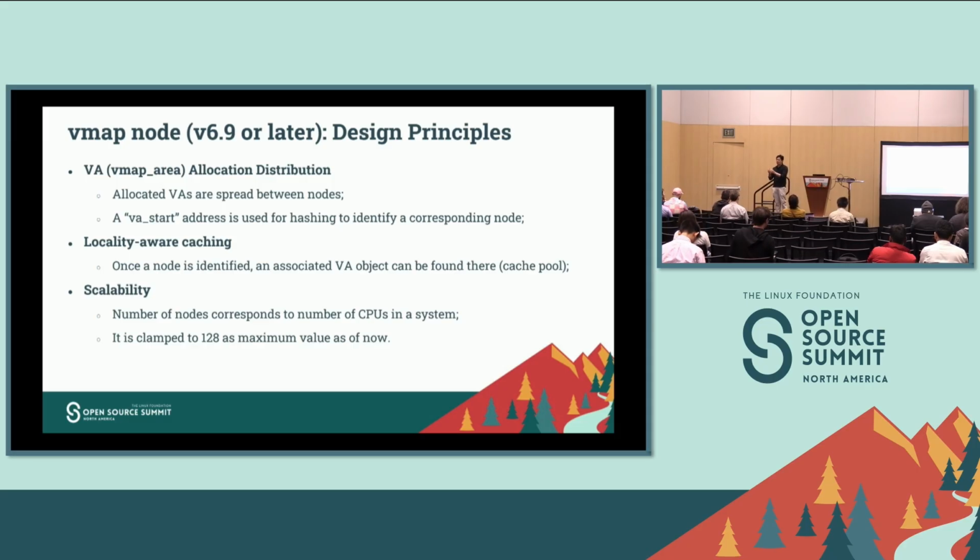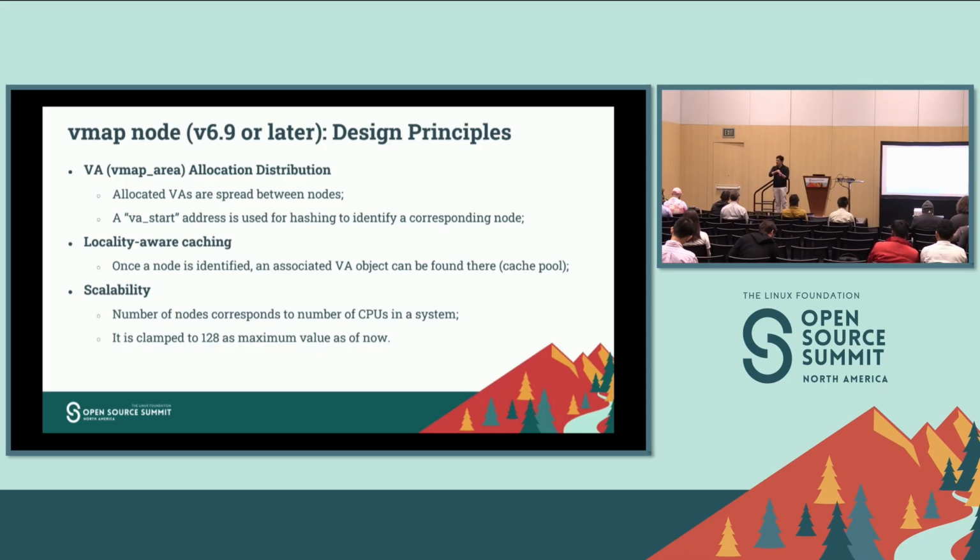No matter whether the triggering CPU is in NUMA node 0 or 1, when a CPU triggers a Vmalloc request, we use the hash function to find a corresponding vmap node to place the VA object in.